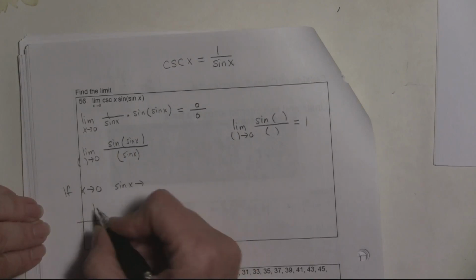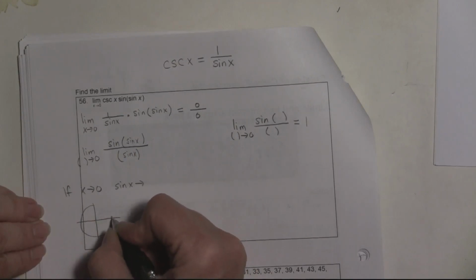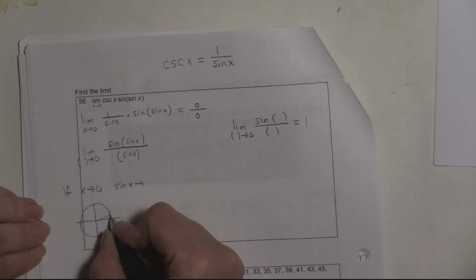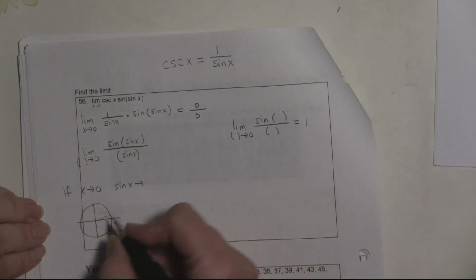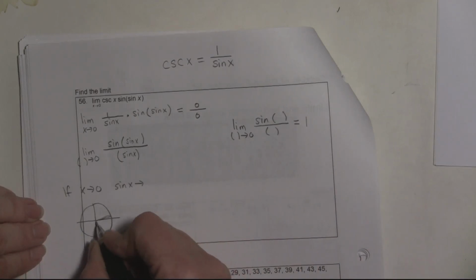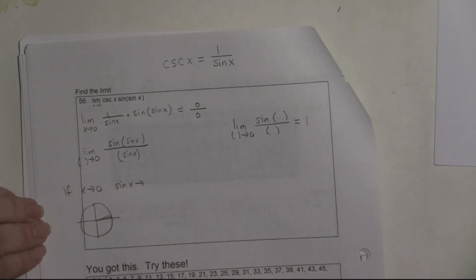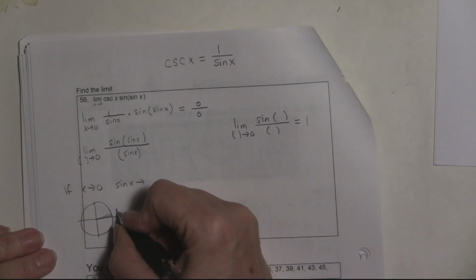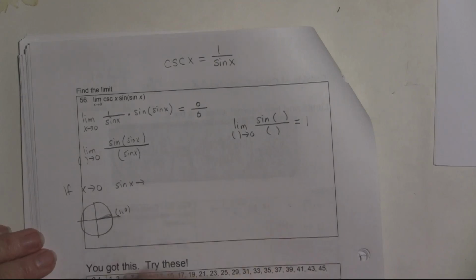So here's my unit circle. And my angle is getting really close to 0, so I'm going to draw that out like this. And so my angle is actually getting closer and closer to 0. And this is the ordered pair down here, 1, 0, right?